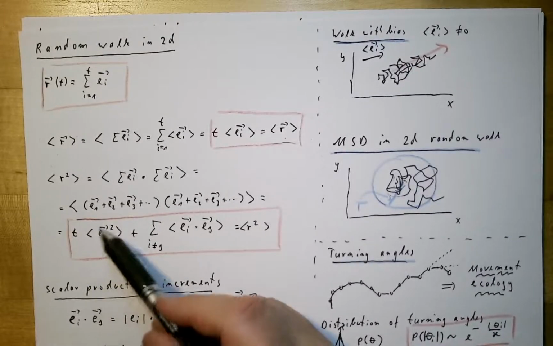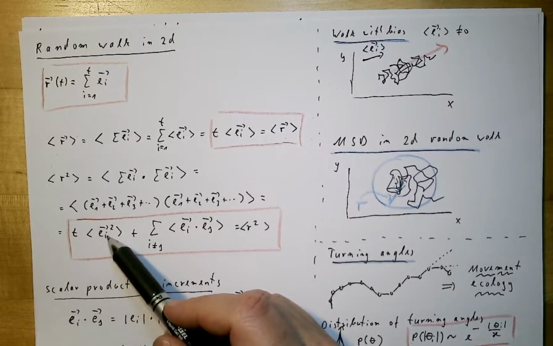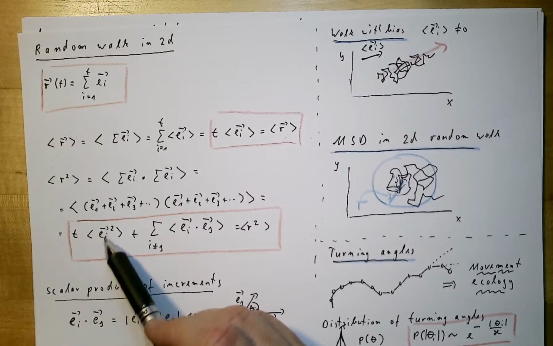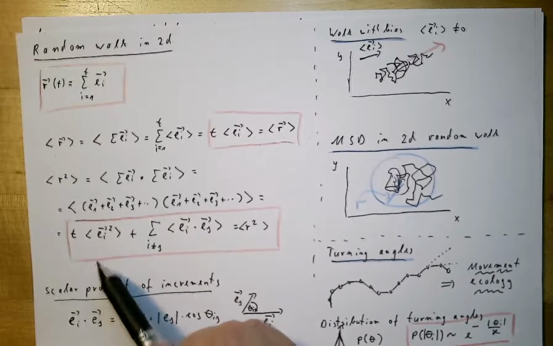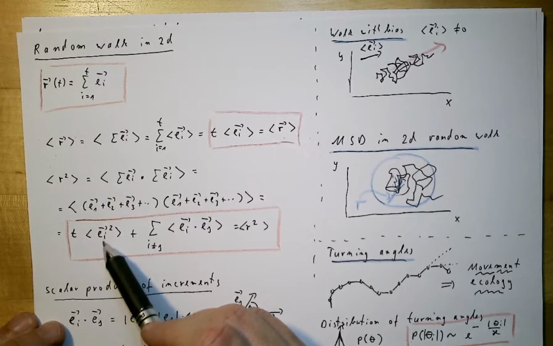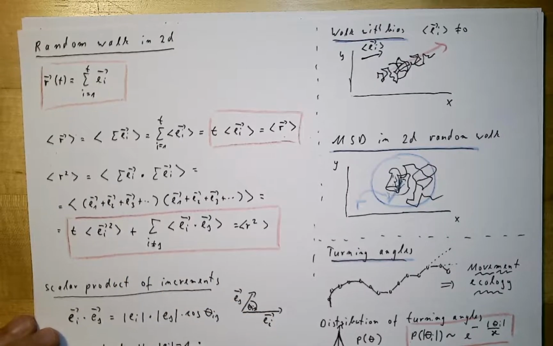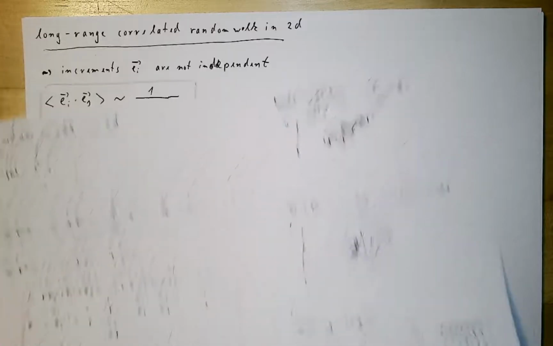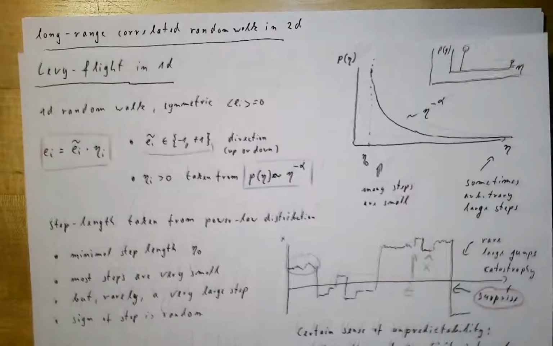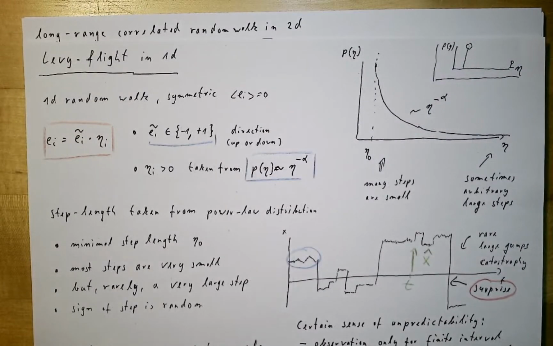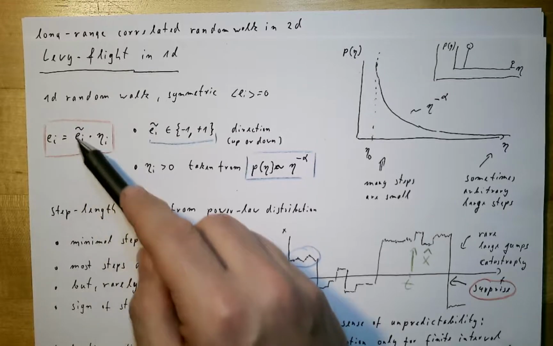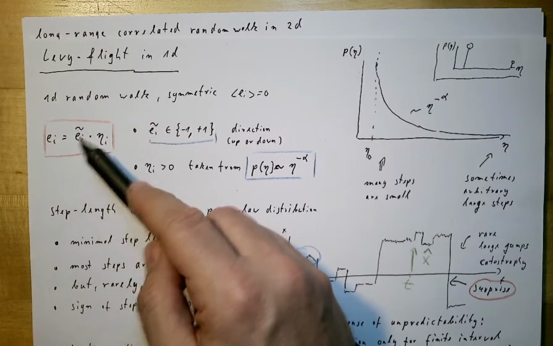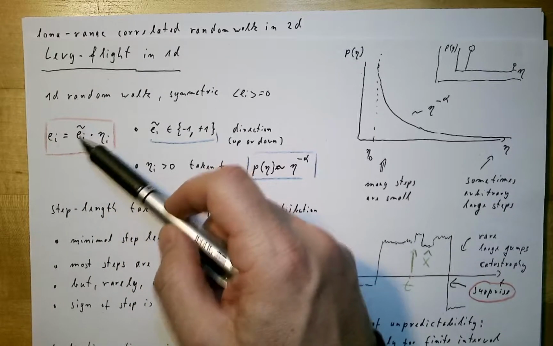The second possibility is that the second moment diverges, which would mean the distribution of the step lengths has no second moment. Yeah? And we had this idea also in 1D motions, where we say we have the step lengths, they have an arbitrary direction. Here in 1D it was only plus or minus 1.